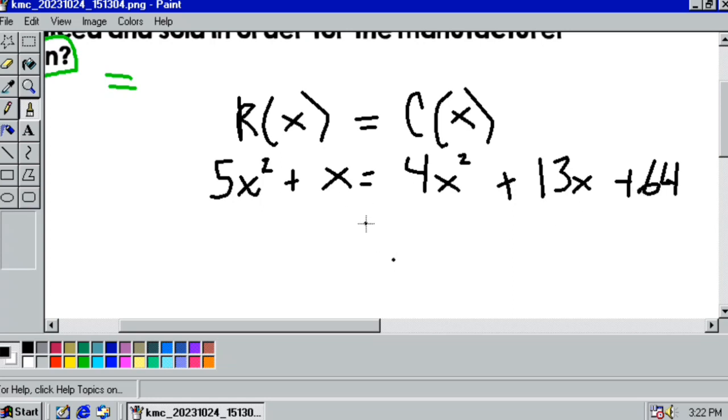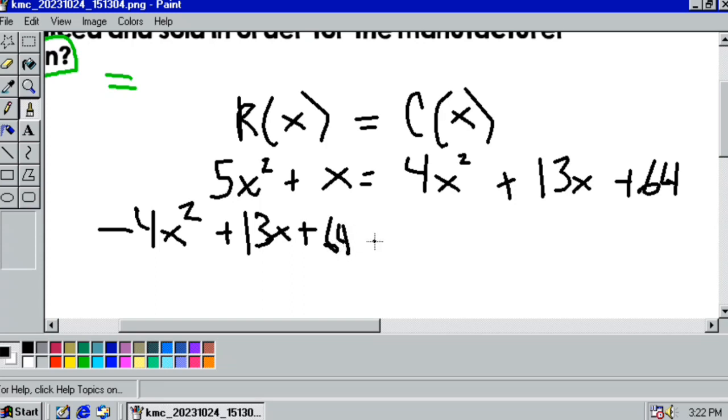So, we can move the right part to the left. So, we subtract 4x squared plus 13x plus 64 so that we have 0 on the right side. So this will cancel.